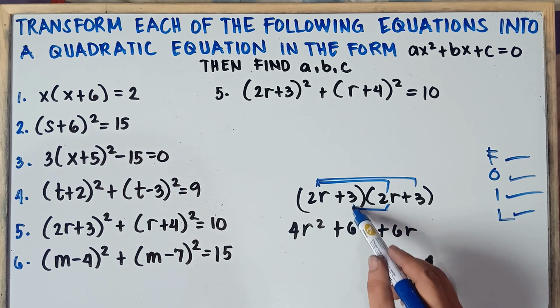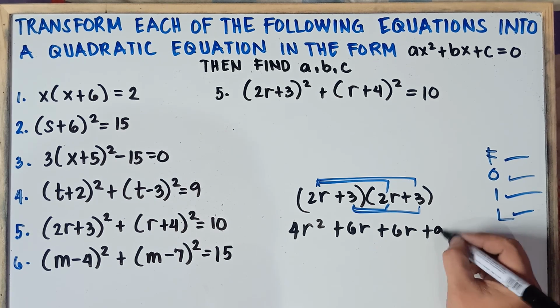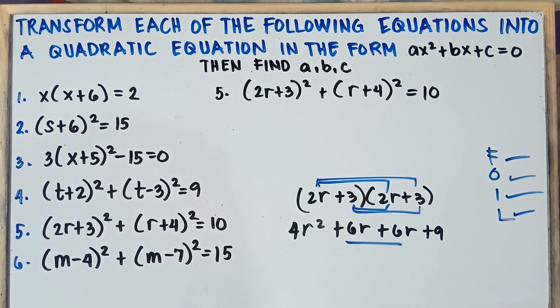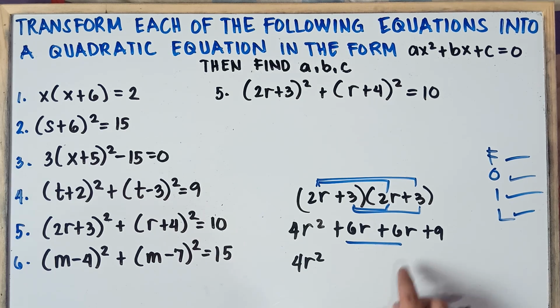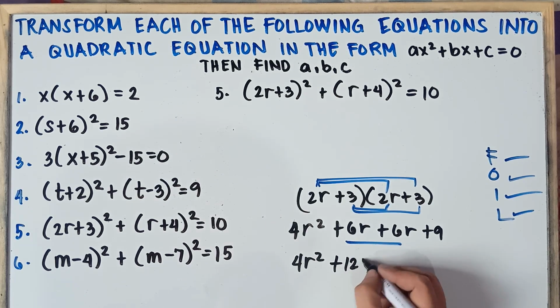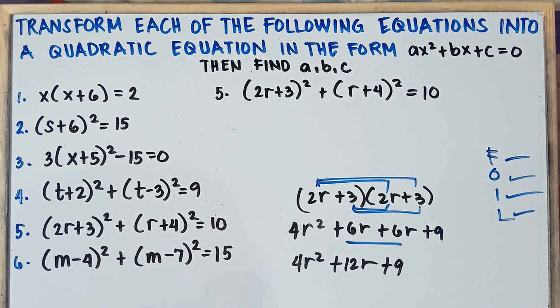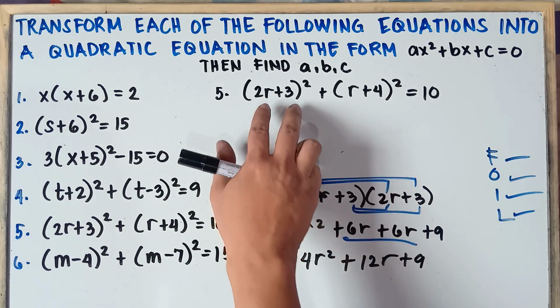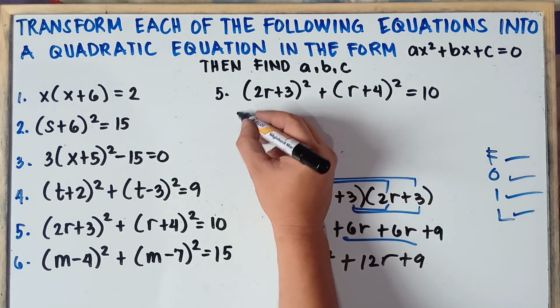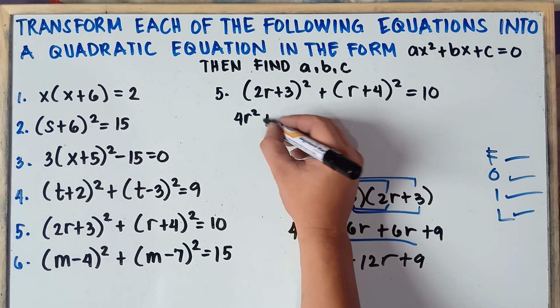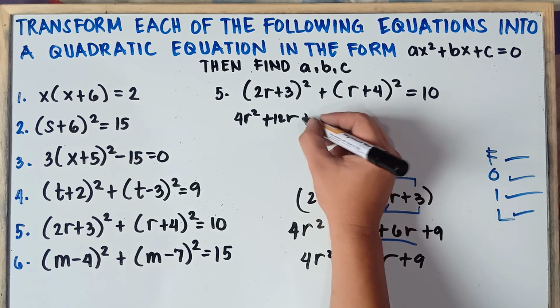And then last, 3 times 3, that's positive 9. And then we can combine this one, class. So copy 4r squared. 6r plus 6r, that is positive 12r. And then plus 9. So therefore, when we simplify (2r + 3)², the answer is 4r squared plus 12r plus 9.